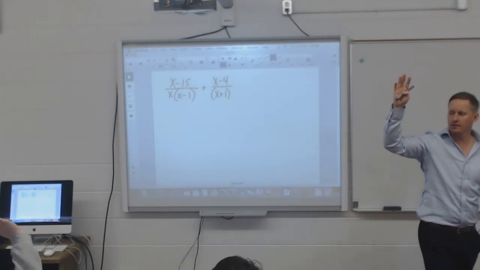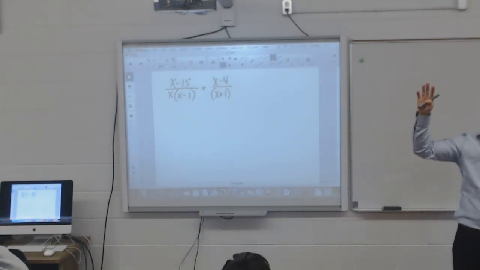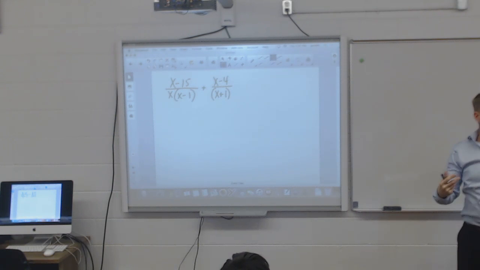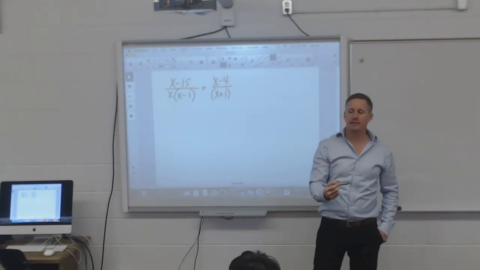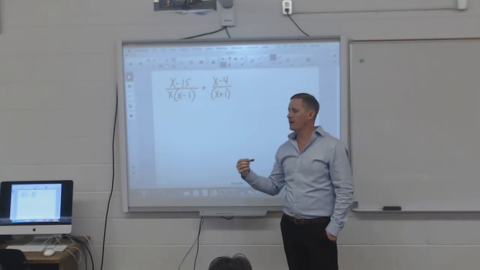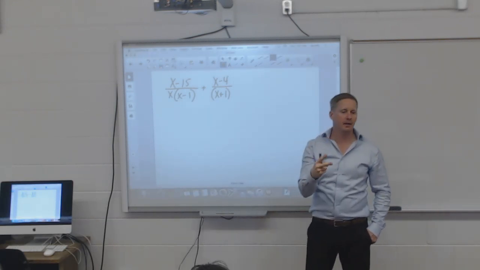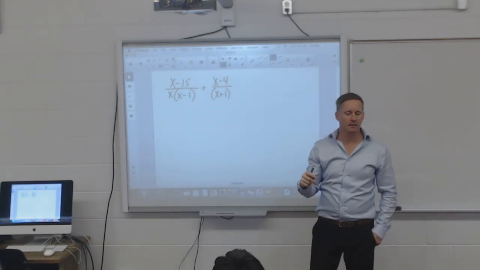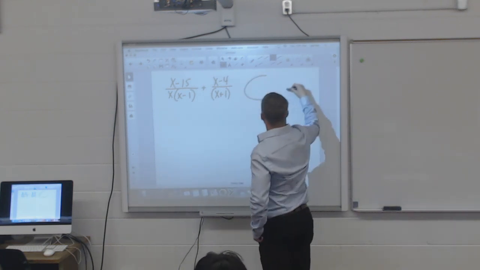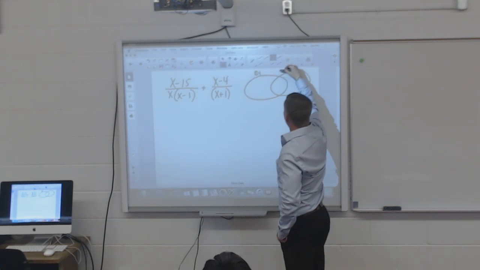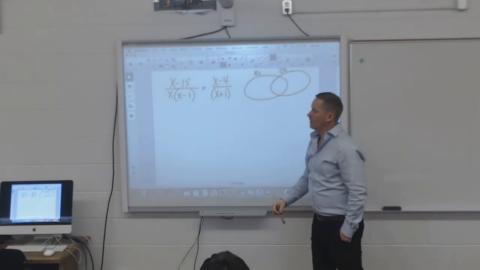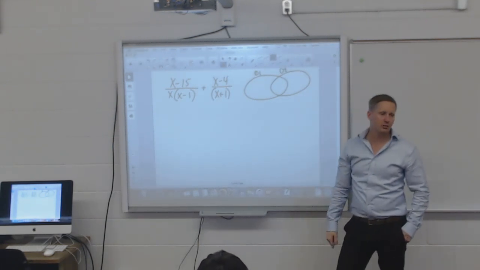Does anybody like the bubbles? A couple of you? We'll use them then. The bubbles work very effectively for 2 denominators. They're not confusing. Right? So if I do it like this, here's denominator number 1, here's denominator number 2. What do both 1 and 2 share?